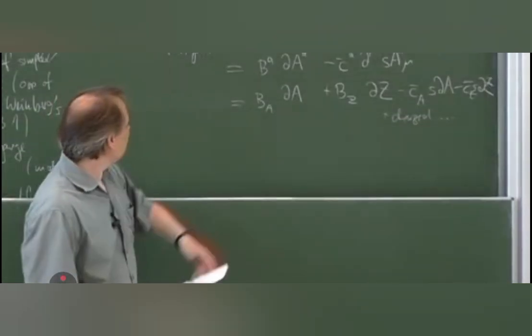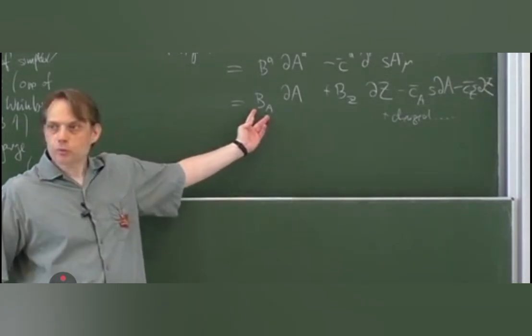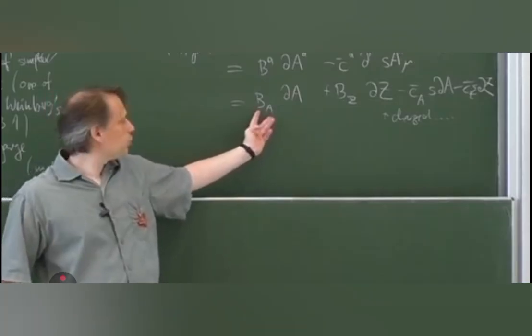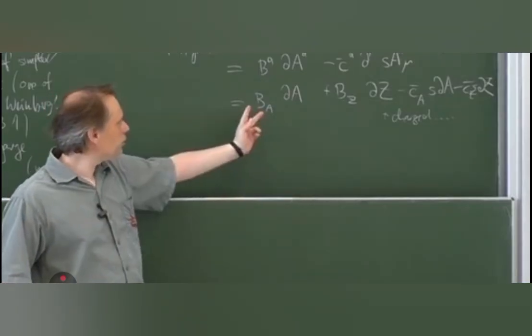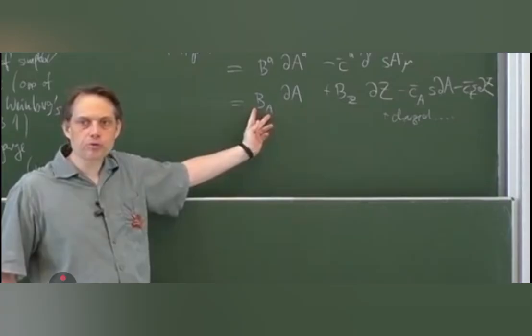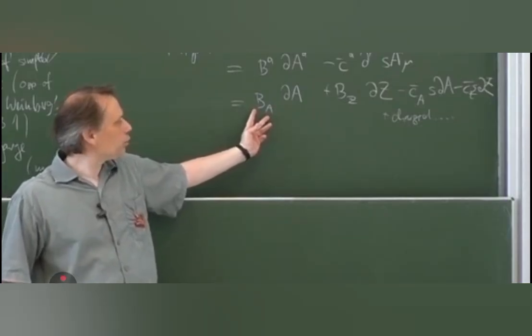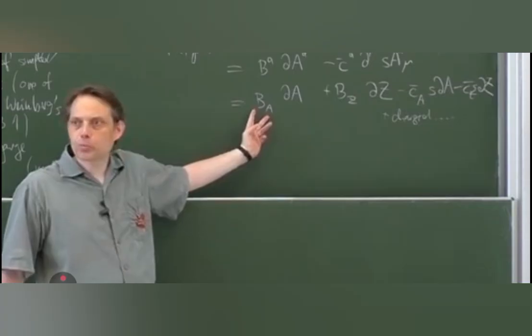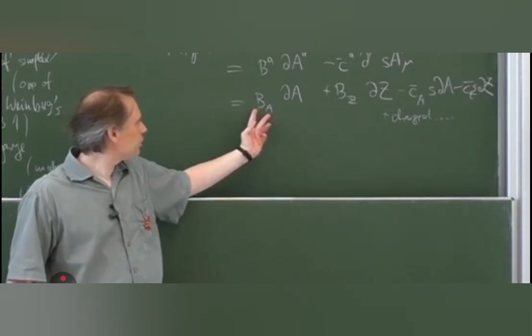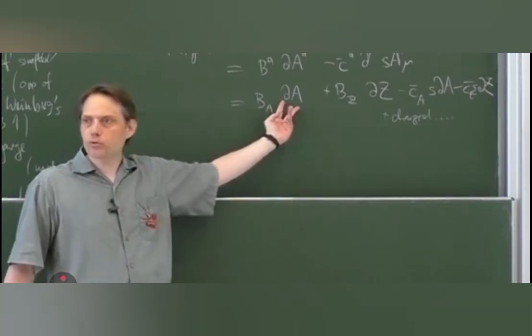Now, ordinarily, when you have such a gauge fixing term with B fields, you would eliminate the B fields in terms of their equation of motion. Now the equation of motion for B doesn't contain B. The equation of motion for B_A simply means ∂_μ A^μ equals 0.